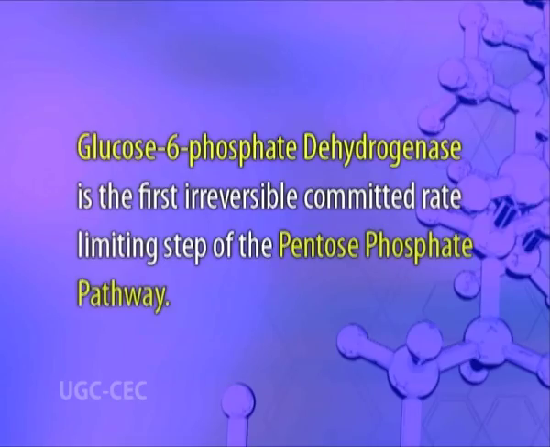Glucose-6-phosphate dehydrogenase is the first irreversible, committed, rate-limiting step of the pentose phosphate pathway. It is allosterically regulated, stimulated by NADP+ and strongly inhibited by NADPH. So, when the cytosol concentration of NADPH is high, the enzyme's activity is low.